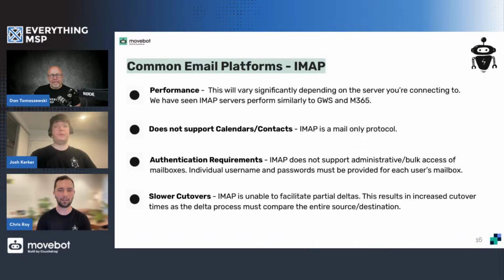With MoveBot specifically, we do support the ability for you to import a big CSV that highlights all of your source users and their passwords, and then the relative destination as well. So you can import all of those credentials and mappings in one big CSV, and it'll get everything up and running in a quick flash. But that doesn't help with retrieving the passwords, unfortunately.